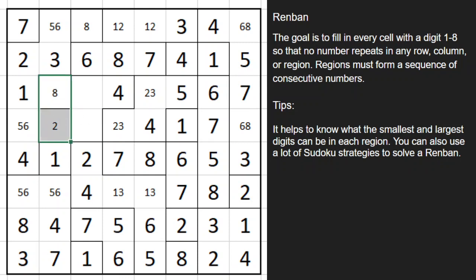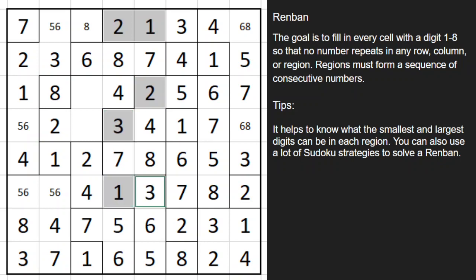Make those bigger. And this 2 forces that to be a 3, making that the 2. This 3 makes that a 1, making that the 3. This 1 makes that a 2, and that the 1. So now we can make all of those bigger, because those we've solved. And where does the 3 go here?